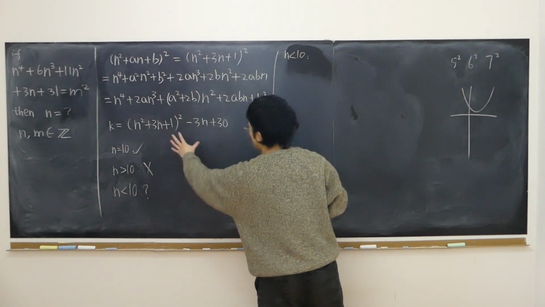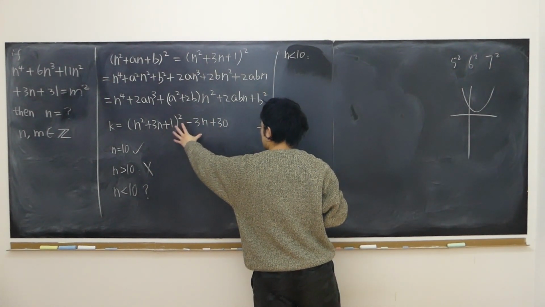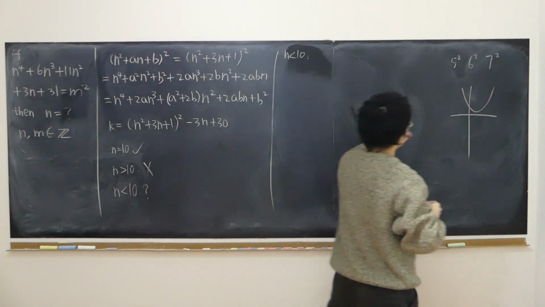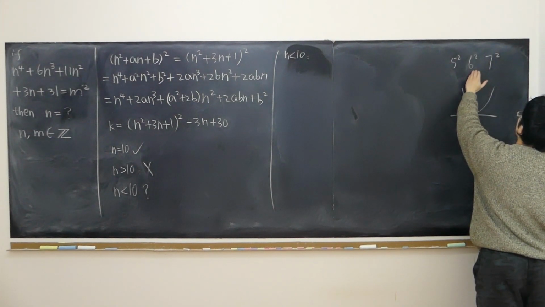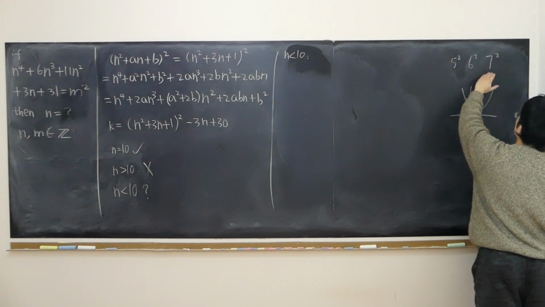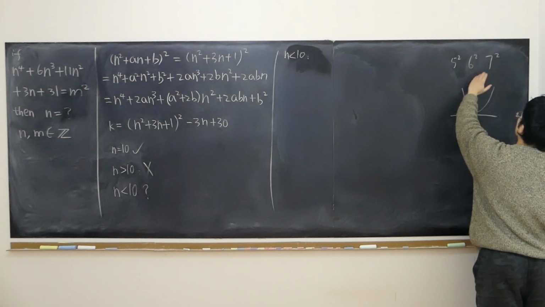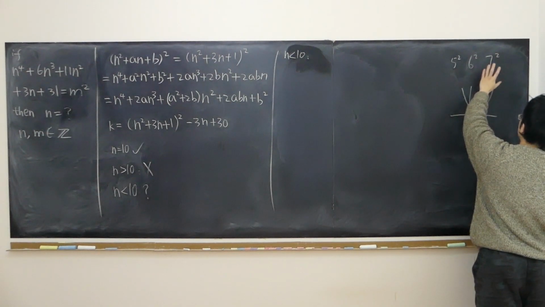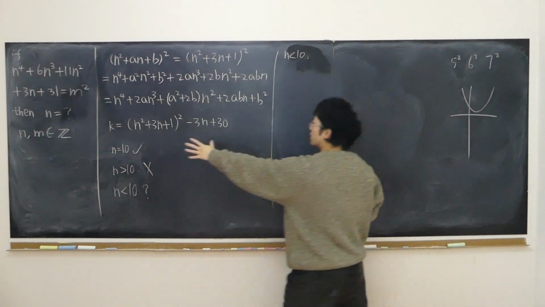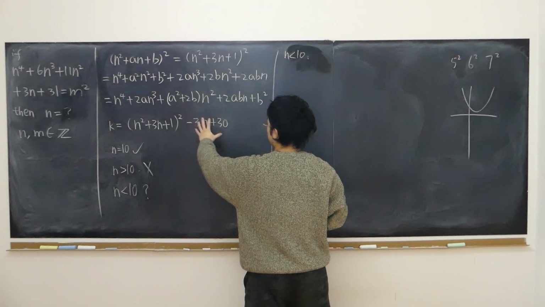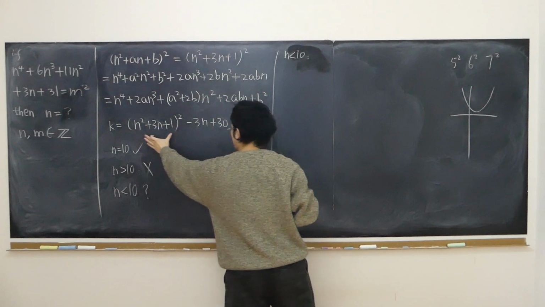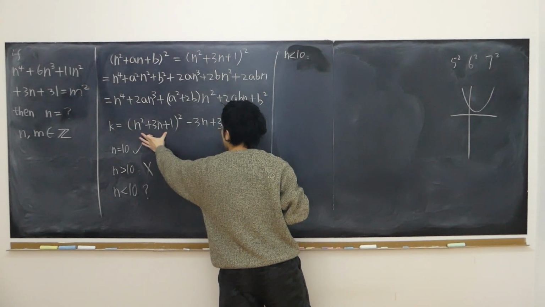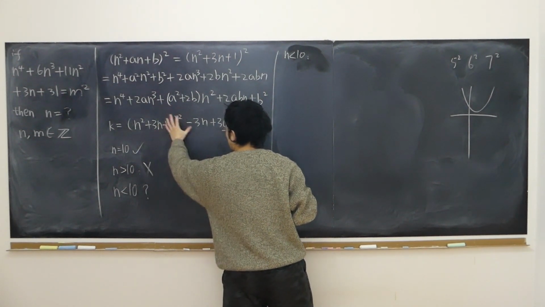So in order for k to still be a perfect square number and at the same time strictly larger than some square number, just like here, it has to be strictly larger than 6 squared, meaning it has to be larger than or equal to 7 squared. In other words, this has to be larger than or equal to the next perfect square after this perfect square, that is (n squared plus 3n plus 2) quantity squared, right?